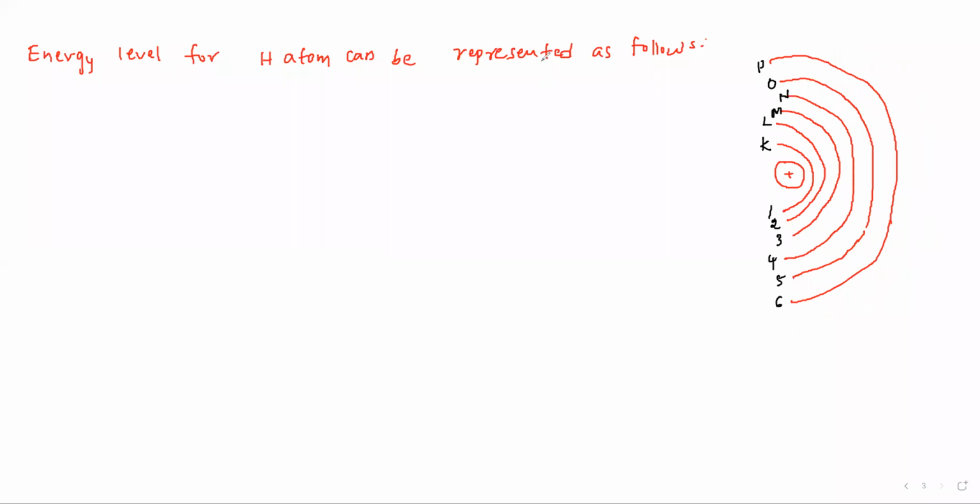When it comes to energy levels, this is E1, the first energy level. And this is E2, the second energy level, E3, E4, E5, and E6.